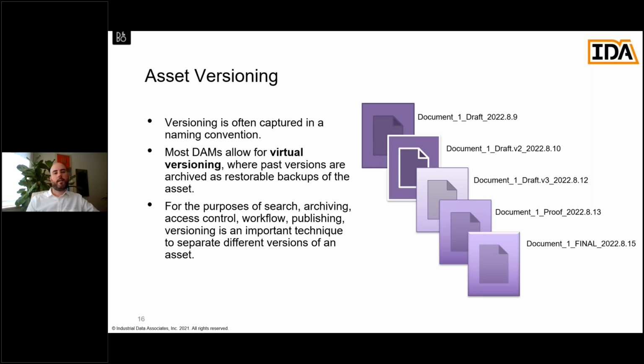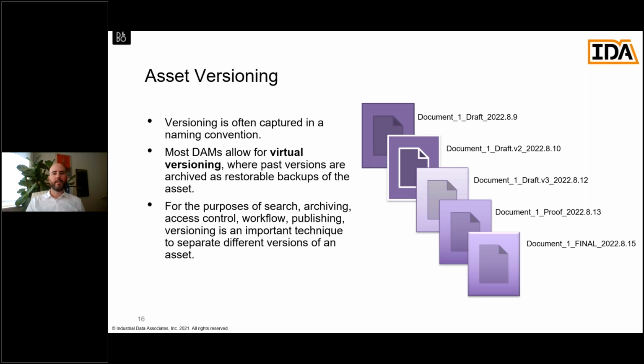Versioning is a really important functionality that you'll find in most DAMs. When we think back to that continuum of DAMs where the most simple DAM is just a series of folders on a shared drive, in that case, versioning is really going to be based on naming conventions.